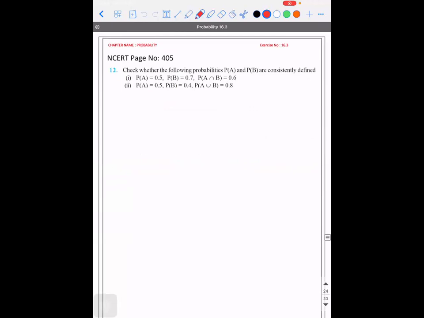Check whether the following probabilities P of A and P of B are consistently defined. P of A is 0.5, P of B is 0.7, P of A intersection B is equal to 0.6. So how do I check if it is consistently defined?